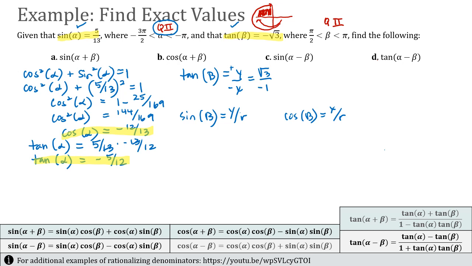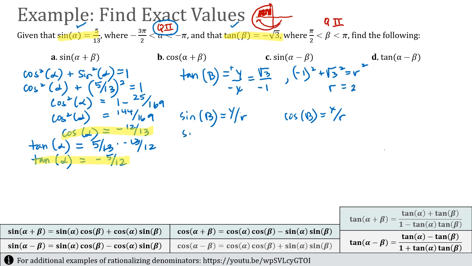What is r? Well, let's just do this off to the side here. We're going to say that x squared plus y squared is equal to r squared. Okay, so that's 1 plus 3, which is 4. I think we can say that r is equal to 2.